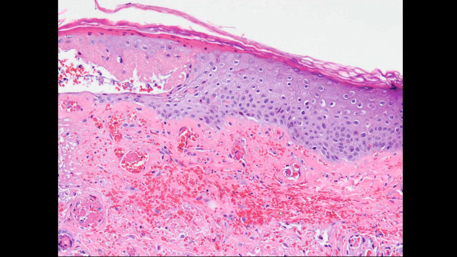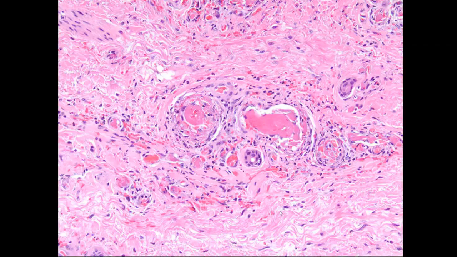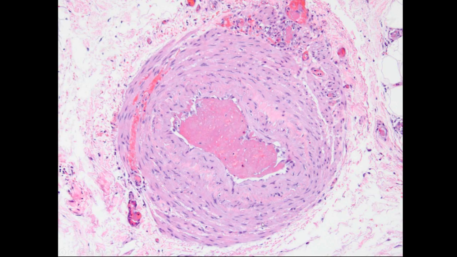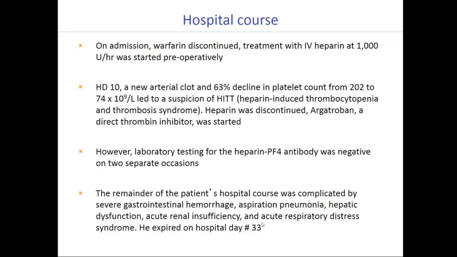But even away from these epidermal changes, in the deeper dermis, vessels again were thrombosed. Indeed, large and medium-sized vessels were thrombosed without any accompanying inflammation. So a thrombotic vasculopathy was diagnosed by skin biopsy.